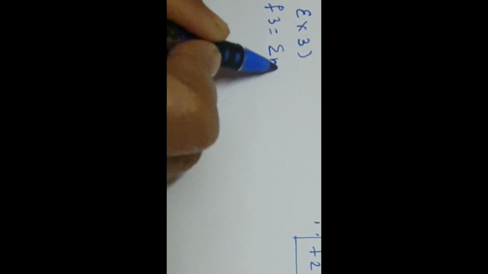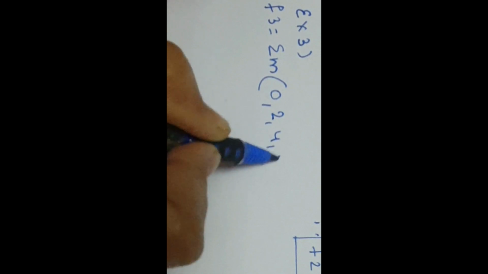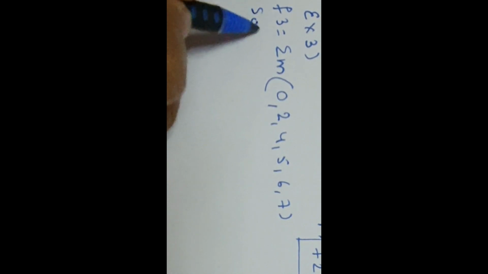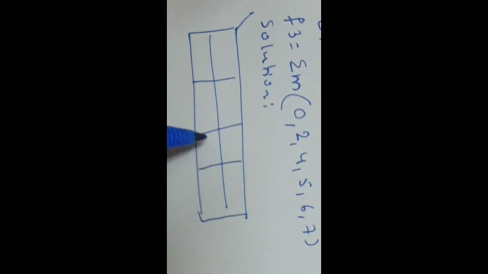Okay. Next we shall consider example 3, that is f3 equal to sigma m of 0, 2, 4, 5, 6, 7. How to simplify this using K-map? For that we shall draw a K-map of 8 squares because it is also of 3 variables. 2 raised to 3, 8 squares are drawn.